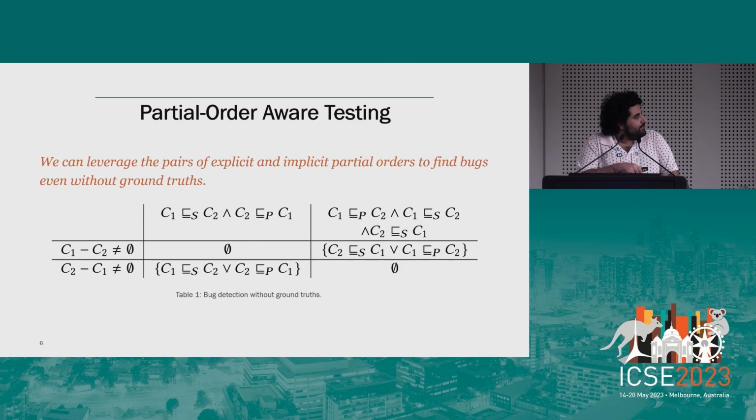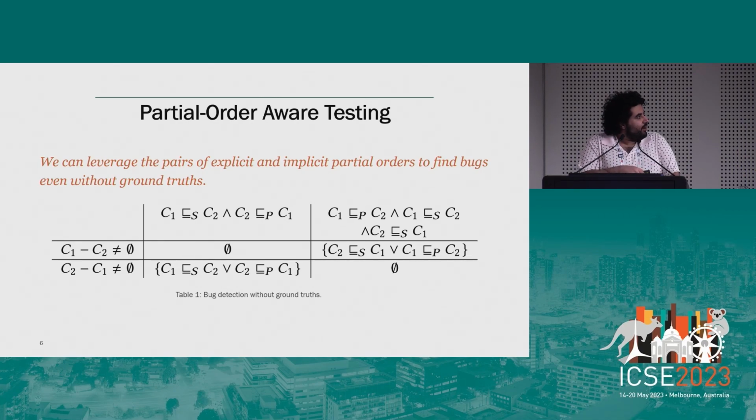The first row of this table shows the partial order relationships between a configuration C1 and C2. In this case, this is the same relation from the last slide, where we have one more precise than two, and both are the same level of soundness. The first column here shows the set relation between the results. So this means that C1 produces some result that C2 doesn't, although we don't know whether it's a true positive or a false positive.